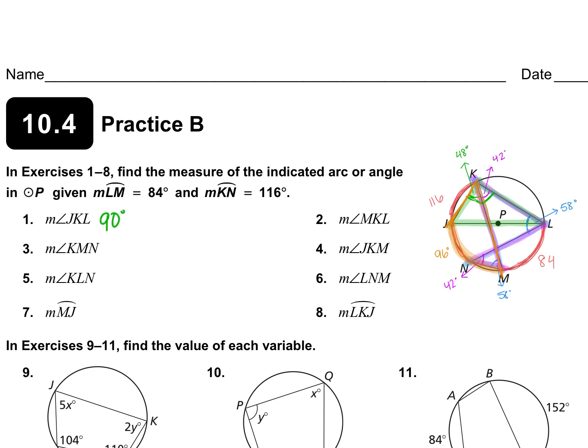What about the measure of angle MKL? Good. That's going to be my 42. What about the measure of angle KMN? Good, I'm going to have 58 for this one. What about the measure of angle JKM? 48.